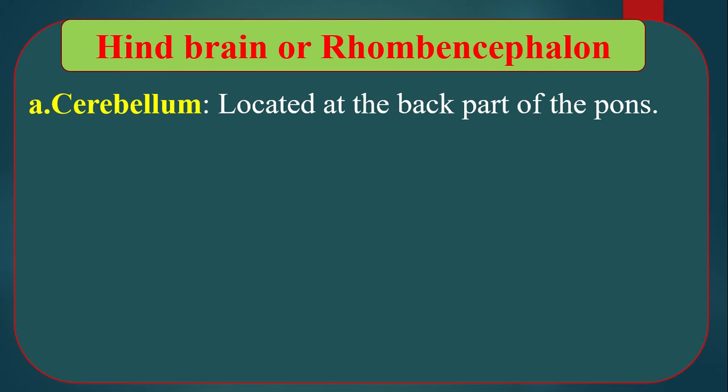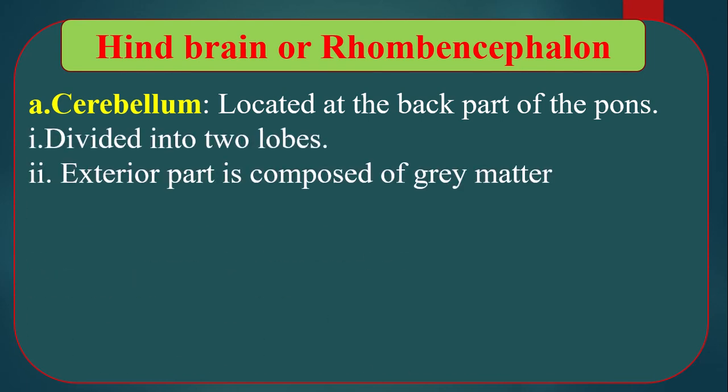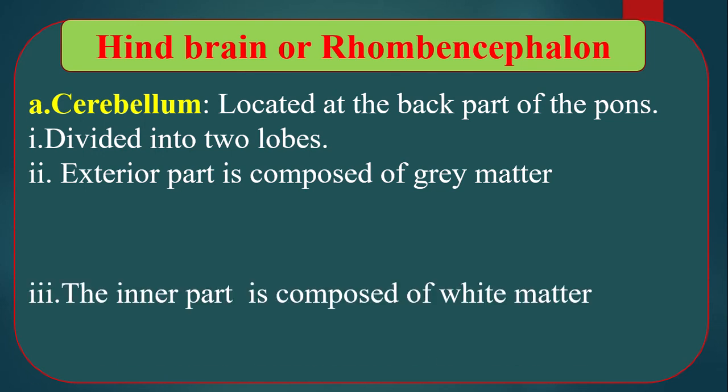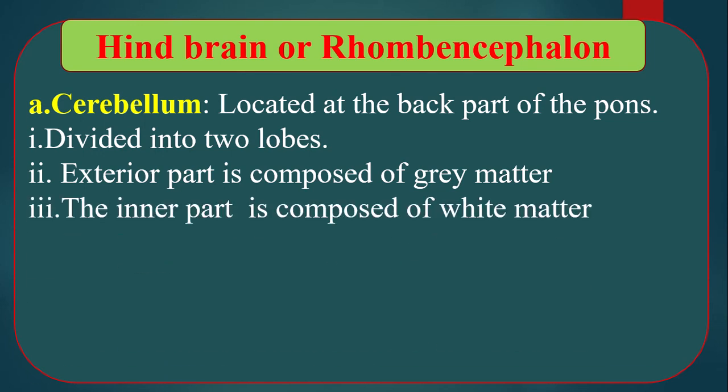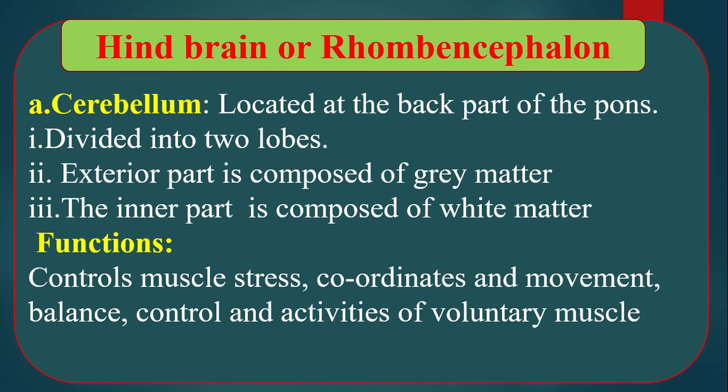Cerebellum is located at the back part of the pons and is divided into two lobes. The exterior part is composed of grey matter. The inner part is composed of white matter. Functions: controls muscle tone, coordinates movement, balance, and controls activities of voluntary muscles.